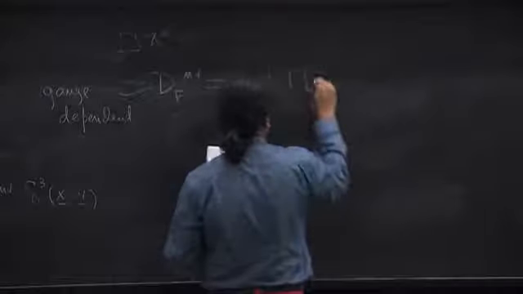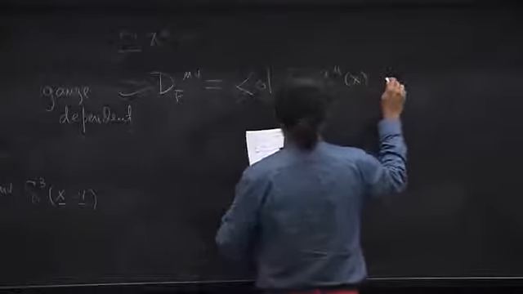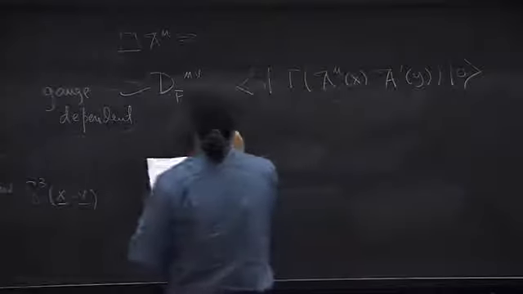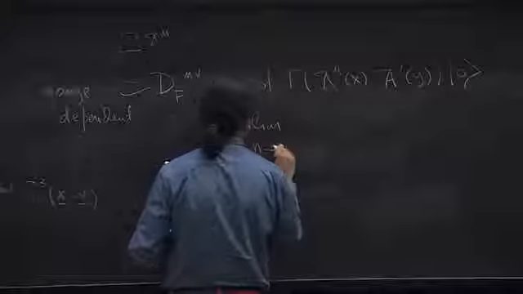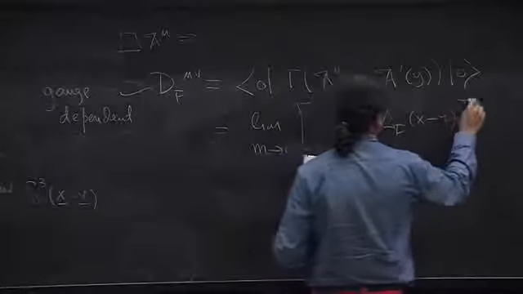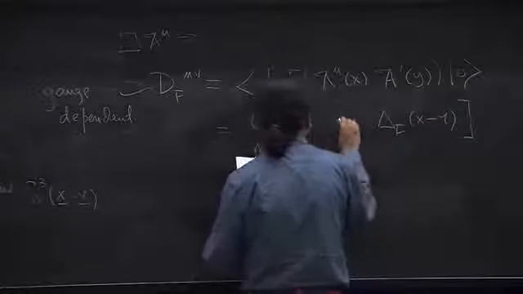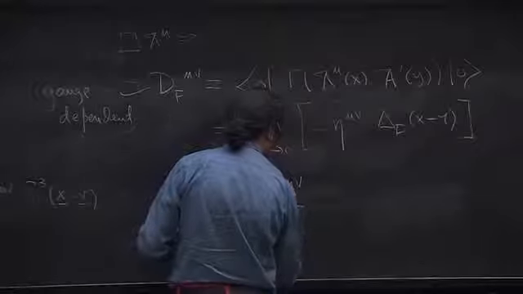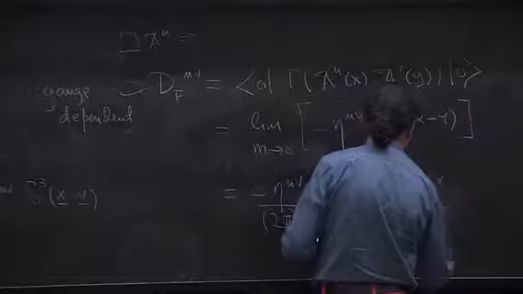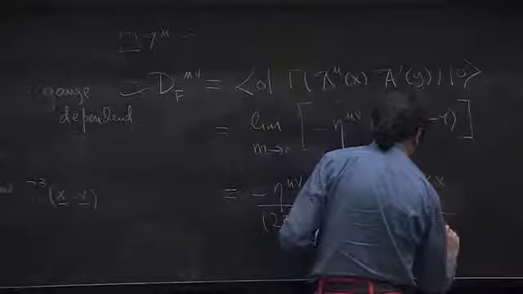It's the time ordering of A mu of x, A nu of y, and basically it's the zero mass limit of the Feynman propagator for a real scalar field, multiplied by a metric tensor. Explicitly, that's what this is.